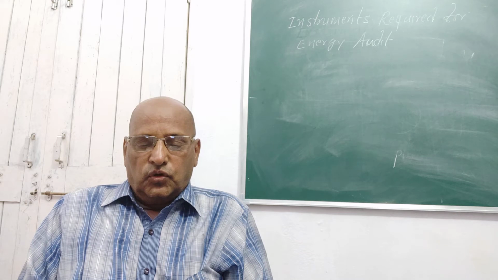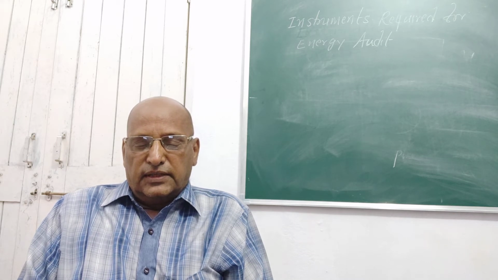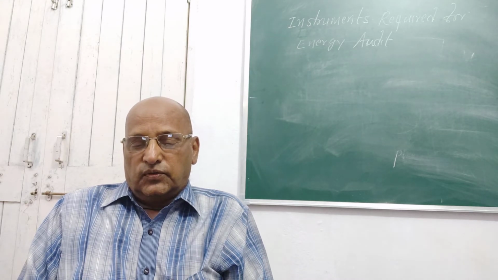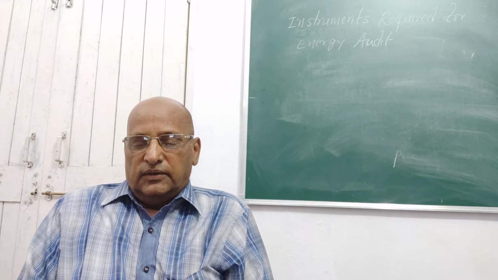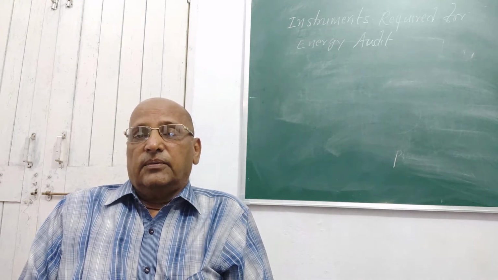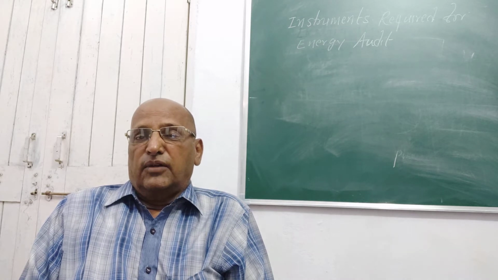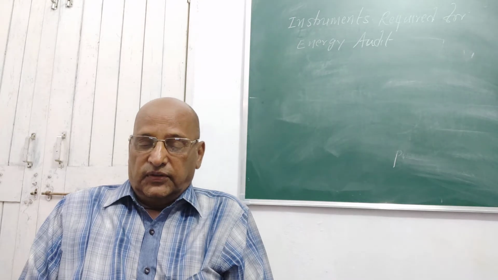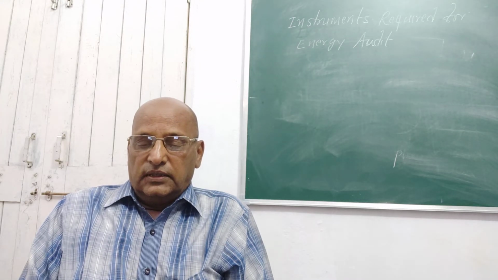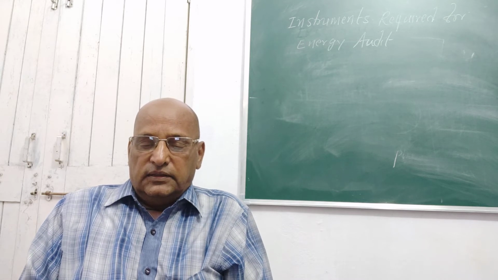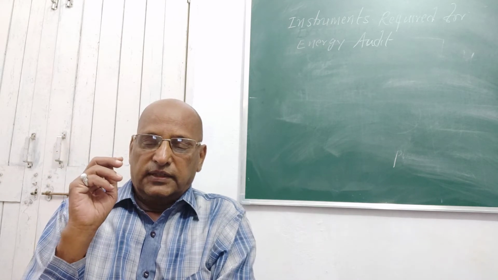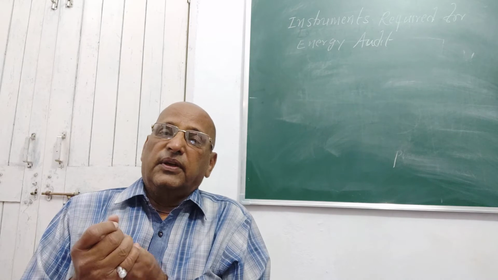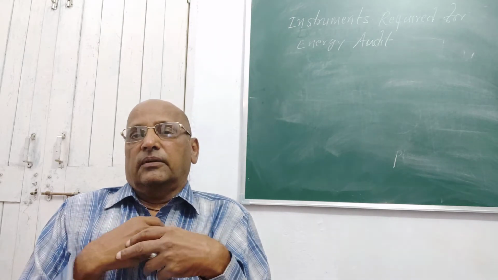It has a photocell which senses the light output from the source, and when this light output is measured, we can compare with the help of this instrument whether the requirement of light on the surface is sufficient or not according to the requirement of the process. So in this type of instrument, the light output is converted into an electrical impulse, which is then calibrated in terms of lux. So that will measure the illumination in the unit of lux.